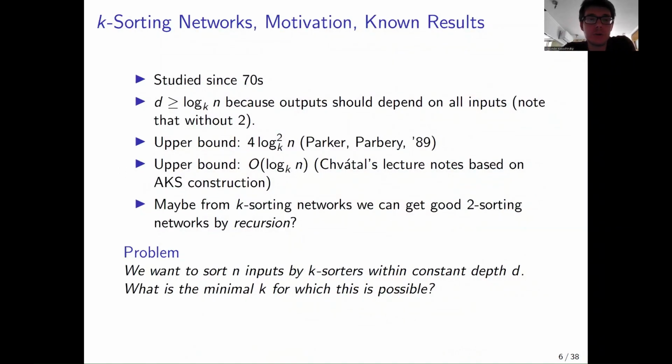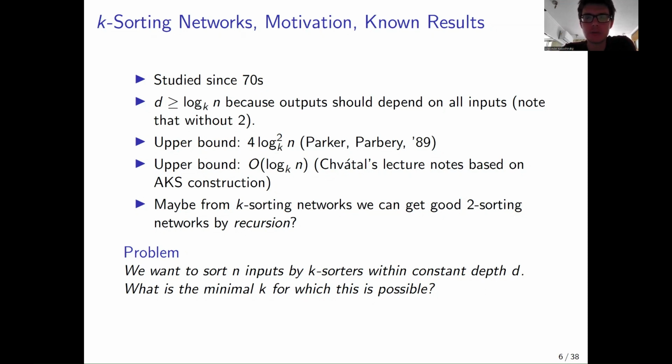Okay, so what do we know about this model? Let's start with something simple and understand that the depth now should be at least log n base k. Why is that? Well, because if you consider just one layer of your network, in one layer you just partition the positions in the array into tuples of size k, and you order your array inside these tuples.